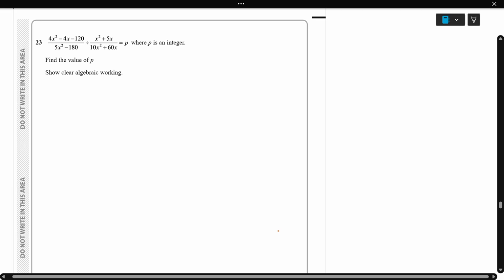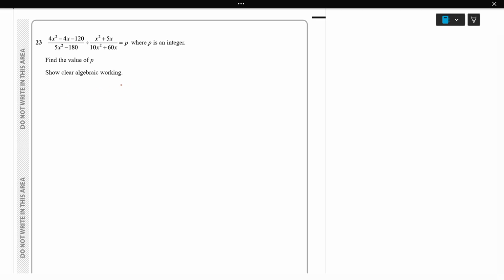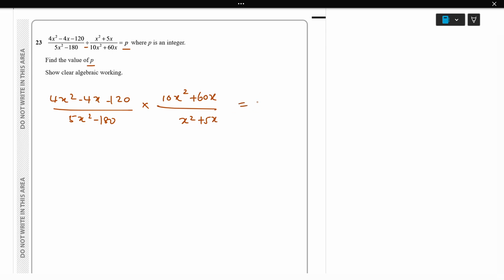Next, question 23. Here is an algebraic question, so just simplify, find the value of p. It is given here. Okay, so first, 4x squared minus 4x minus 120 over 5x squared minus 180. Here is a division, so I'll change it to multiplication, turning upside down, which is 10x squared plus 60x over x squared plus 5x equals p.